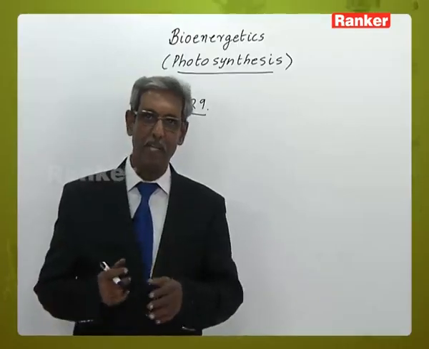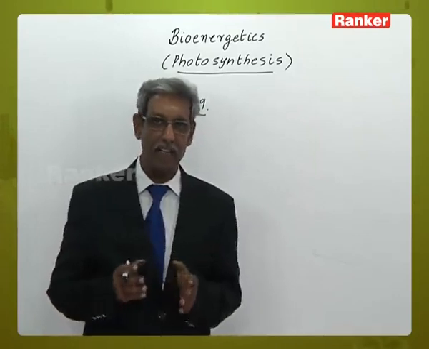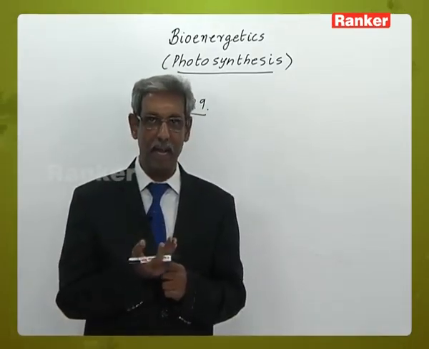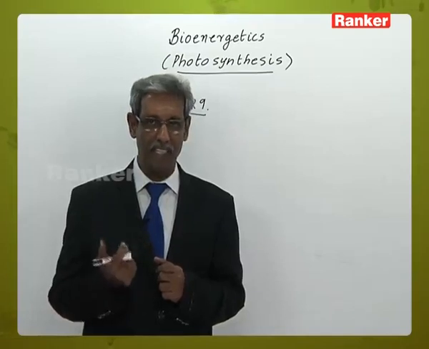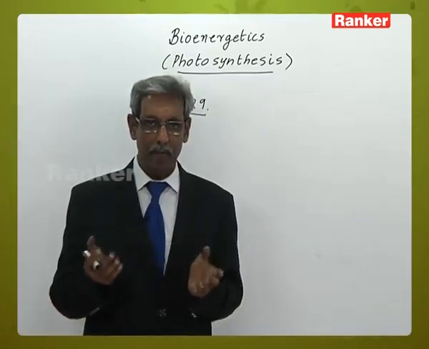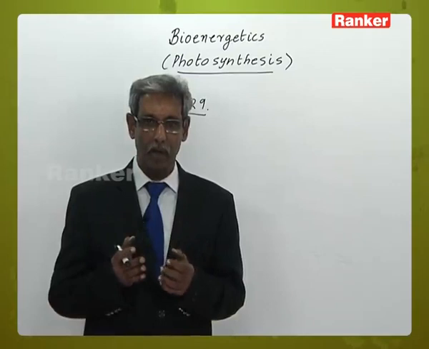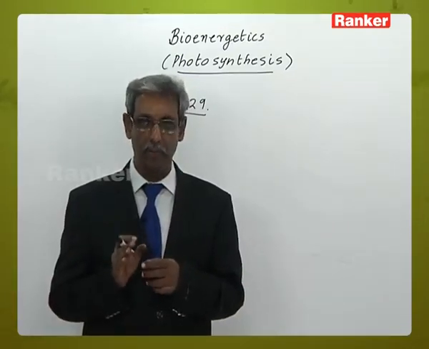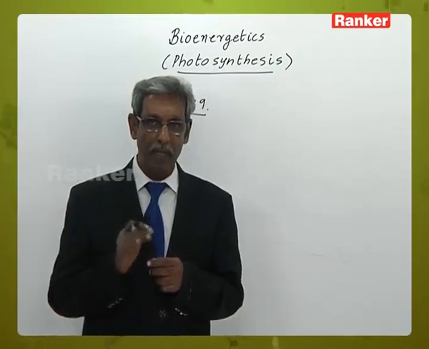When we take the light reactions of photosynthesis, we understand they have both photosystem 1, P700, and photosystem 2, called P680. Now, what is common for both? Common for both is not just the involvement of both photosystems.